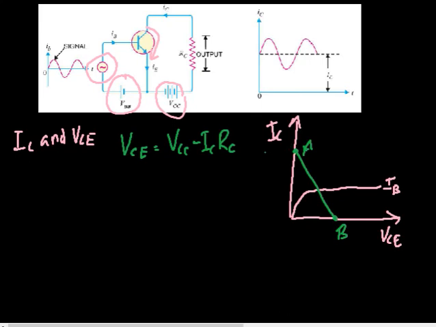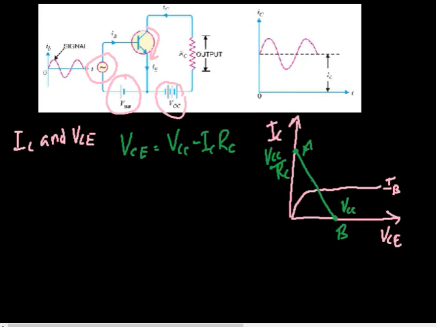For the point A, if we set VCE equal to 0, we will get IC equal to VCC by RC. And for getting point B, if we put IC equal to 0 in this relation, we will get VCE equal to VCC, which is the point B.